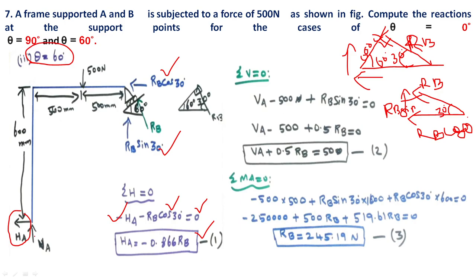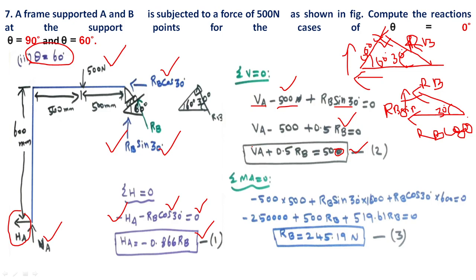Sum of vertical forces: VA, the 500 downward, and RB sin 30. VA minus 500 plus RB sin 30 is equal to 0. RB sin 30 is 0.5, so VA plus 0.5 RB is equal to 500. This is equation 2.